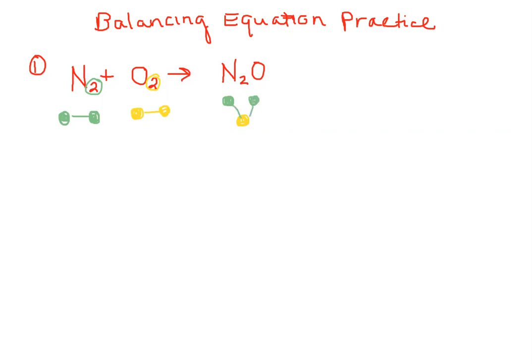So this equation is not balanced. We've got 2 nitrogen and 2 nitrogen, but we've got 2 oxygen here and only 1 oxygen. So we're going to have to use coefficients in front of the elements and the compounds to make it the same. So nitrogen is already all balanced.